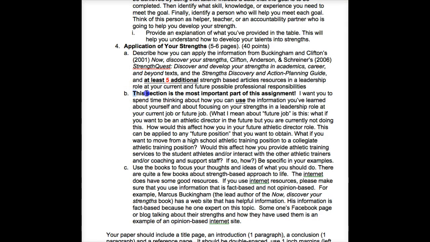To me, this is the most important part of this entire assignment. I want you to spend the majority of your time in here. Again, how can you use this information about yourself, about focusing on your strengths, in a leadership role at your current job or your future job?